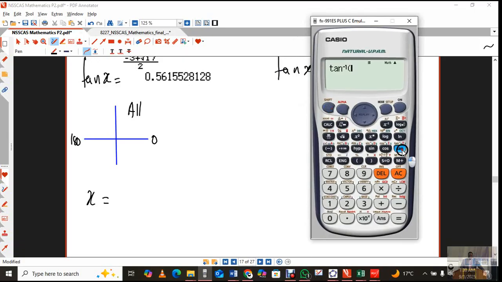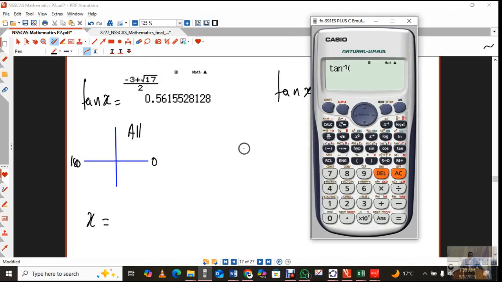So I'm going to do the inverse tangent of that whole thing over there. And that whole thing was captured by taking negative 3 plus root 17, I'm a bit lazy to write the whole decimal down, over 2.